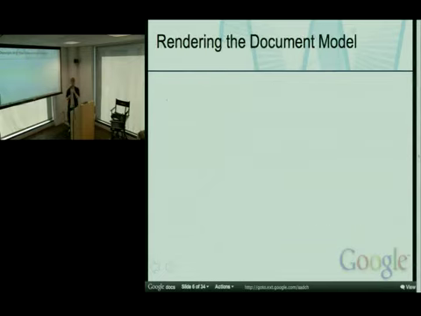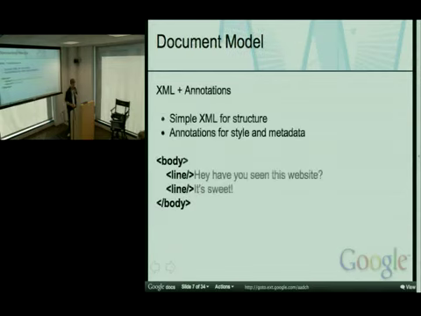So the bulk of this talk is now going to talk about rendering the document model. So even though this isn't really part of editing, it's a core part of interacting with the editor. So by rendering the document model, we mean in Wave, the document model is this clean semantic model, doesn't know anything about HTML. It's just a representation of the document, and it uses line elements to separate lines.